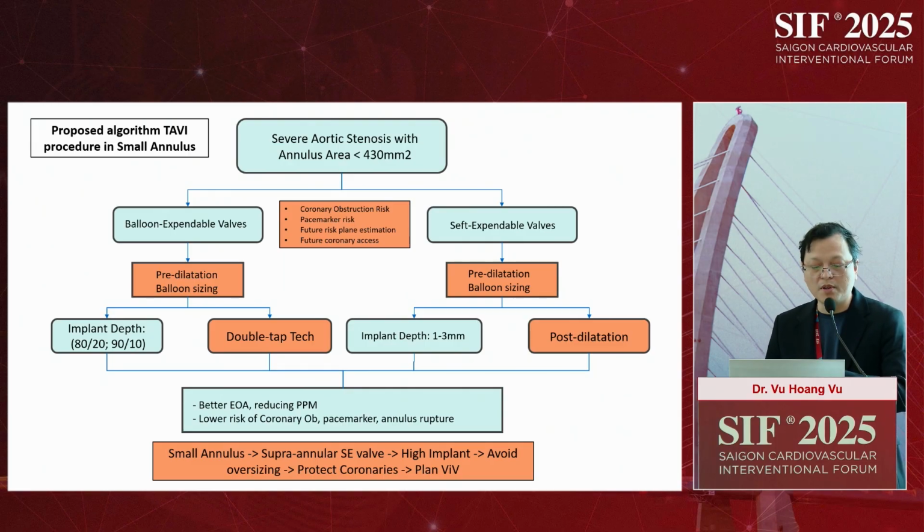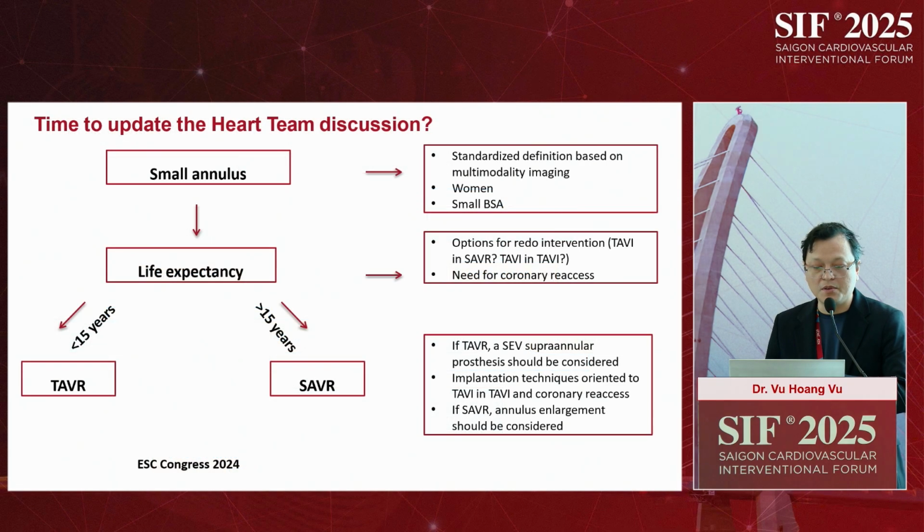So for small annulus, according to the data so far, if we don't have to be concerned about the pacemaker, we choose a self-expandable valve, high implant, avoid oversizing, protect the coronary, and plan for future TAVI. And this is the last slide from EuroPCR 2024.